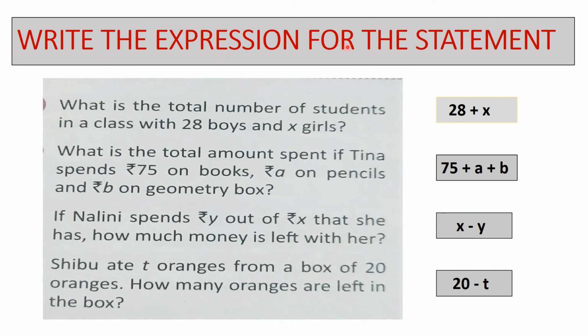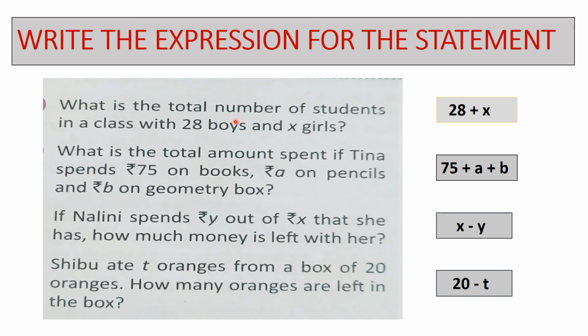How to write the expressions for the statement. Let us read the statement one by one and let us see how to write the expressions for the statement. What is the total number of students in a class with 28 boys and x girls? So the number of boys is 28 and the number of girls is represented by x, right? So how can you write the total number as an expression?